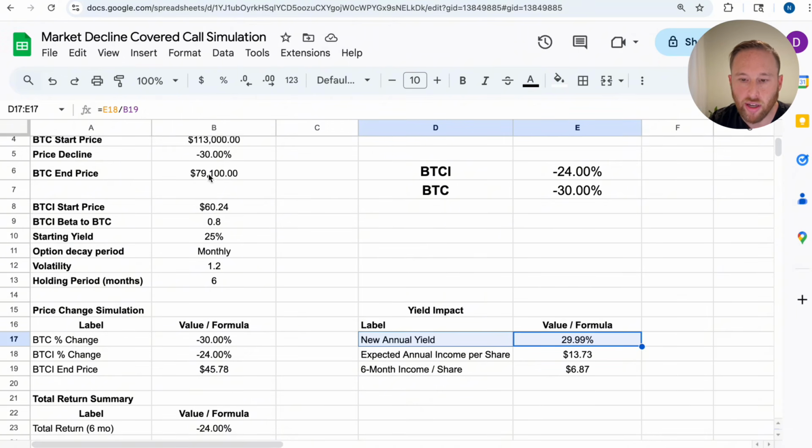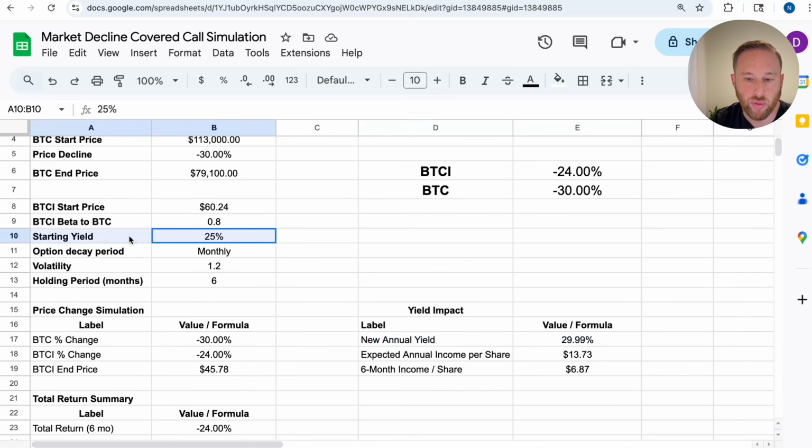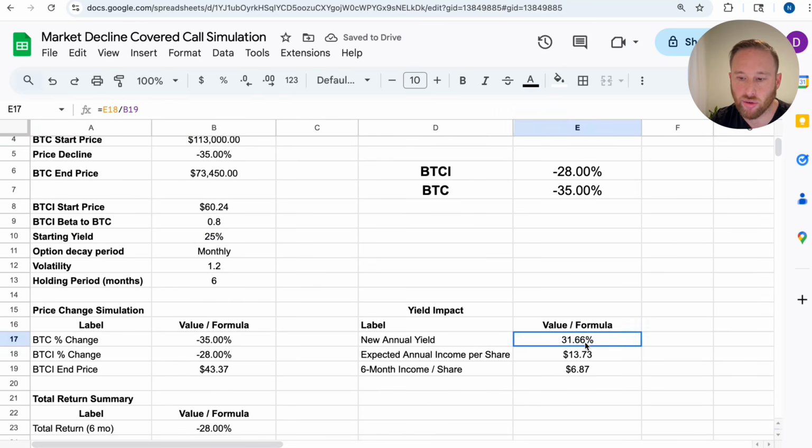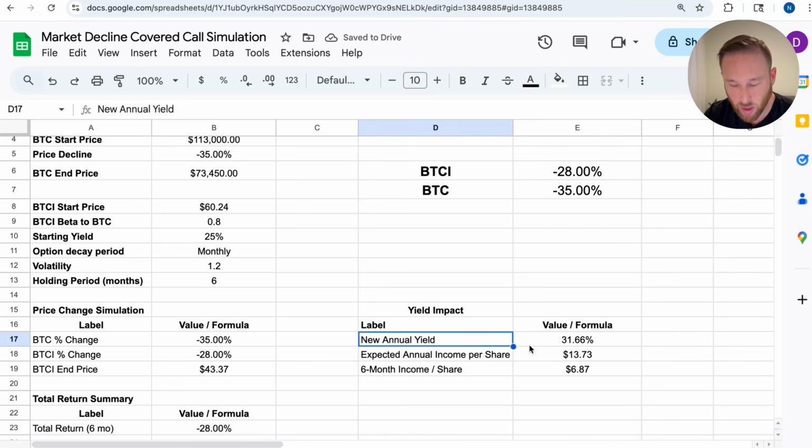So if it's a negative 30% decline, you will see a new yield of 30% versus the 25% that we had initially, or maybe a negative 35% decline, you'll see a 31% yield. So your yield will change. It'll go up when your price declines. It'll go down as the price appreciates.